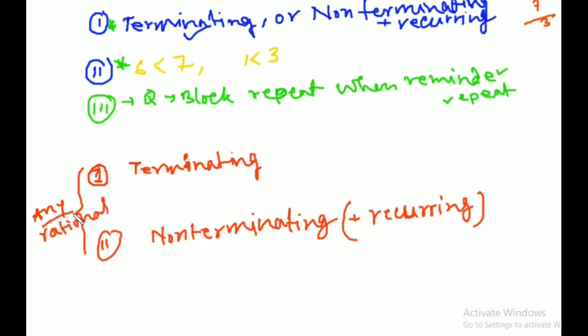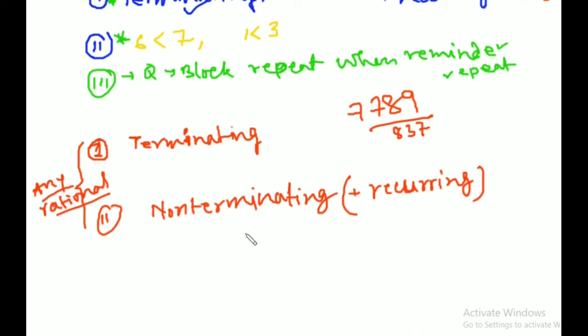Take any rational number, maybe 7 by 8, 9 by 8, 3 by 7, whatever you take, it will be either terminating or non-terminating recurring, because it is a rational number, written like P by Q. So this is our conclusion.